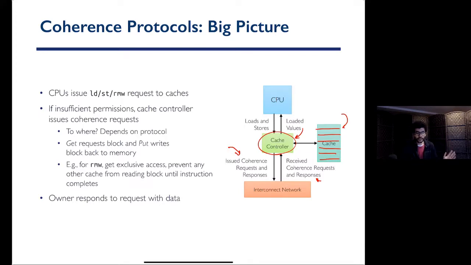Your request is going to first go to your cache controller and then be translated to the language of that cache coherency protocol that exists on your system. And then it's going to communicate with other cache controllers and probably the memory to give you the data that you want. So a single load might end up creating a sequence of cache coherency requests and responses.